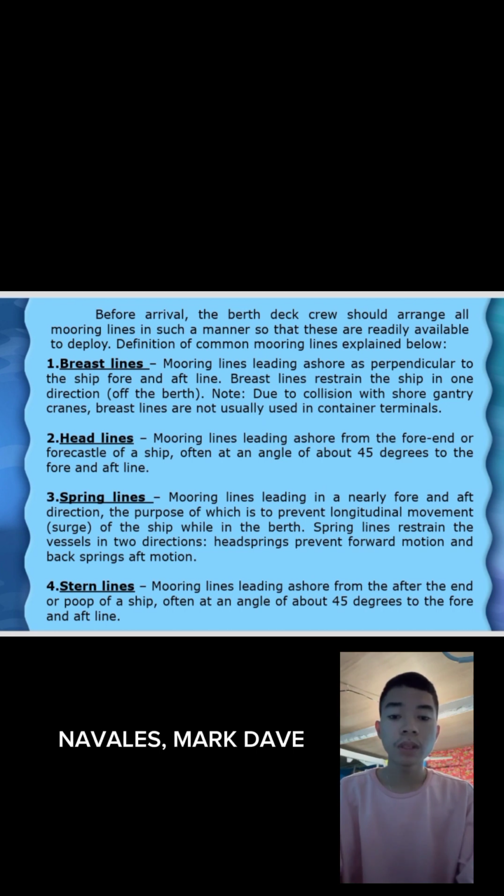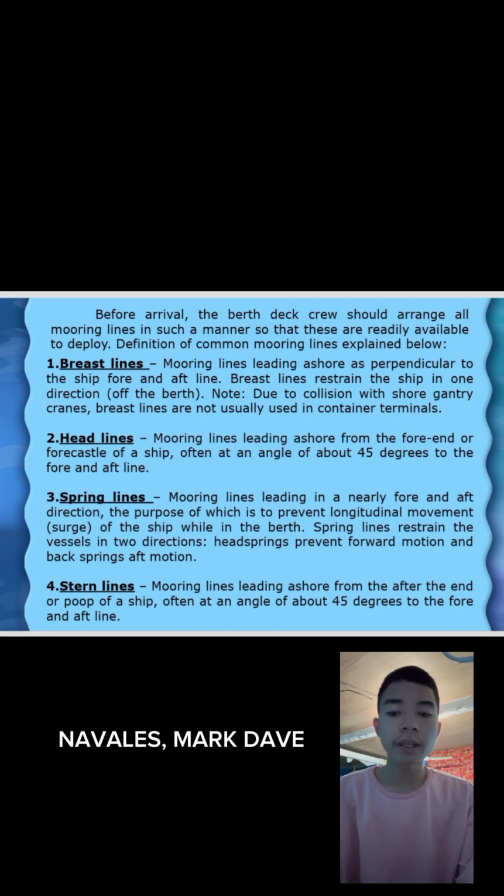Number 2, head lines. Mooring lines leading ashore from the fore end or forecastle of a ship, often at an angle of about 45 degrees to the fore and aft line. Number 3, spring lines. Mooring lines leading in a nearly fore and aft direction, the purpose of which is to prevent longitudinal movement, surge, of the ship while in the berth.